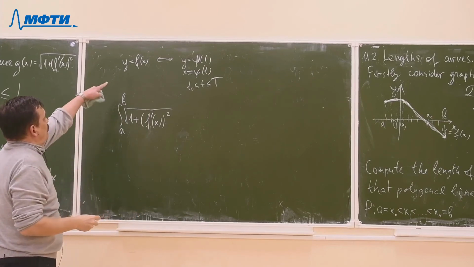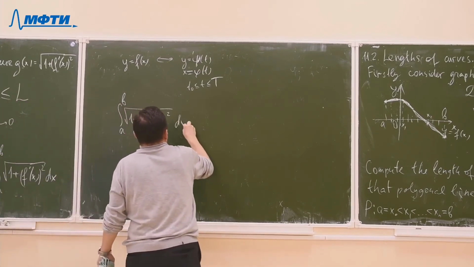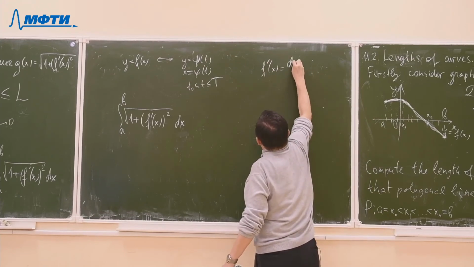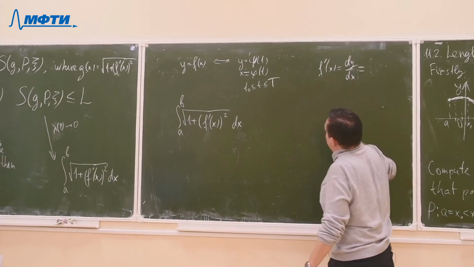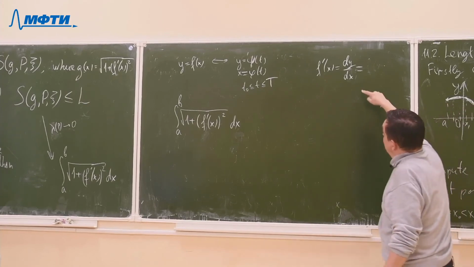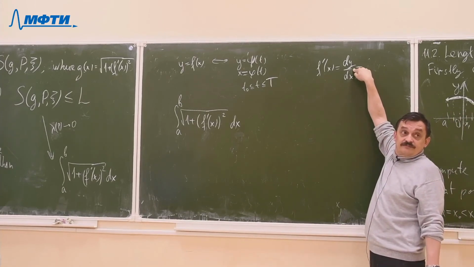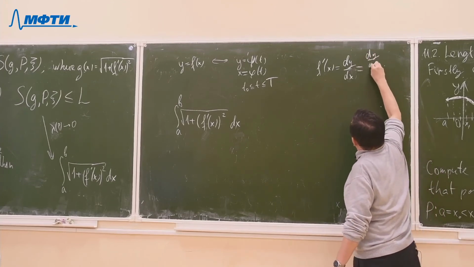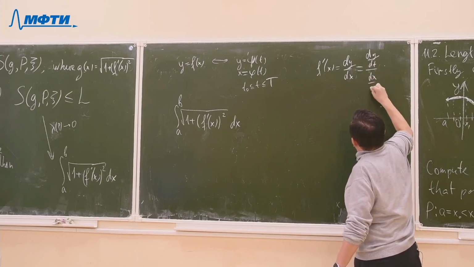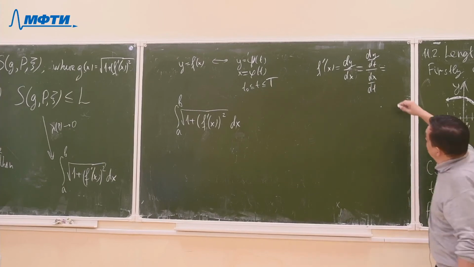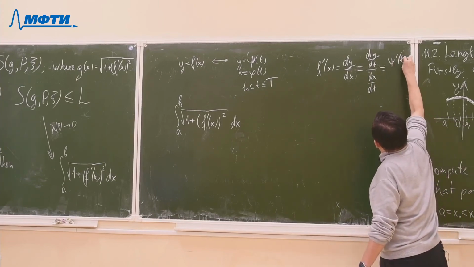So what is f prime of x? F prime of x is the derivative of y over dx. But we know how to compute the derivative of a function which is given parametrically, during the first semester, right? There was a formula. We differentiate dy over dt and divide it by dx over dt, so we divide psi prime over phi prime.